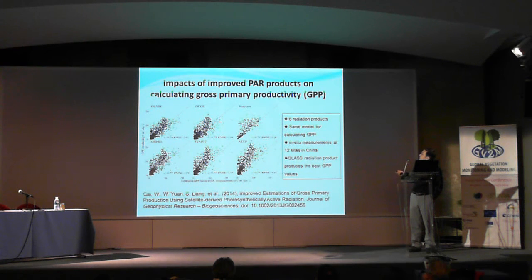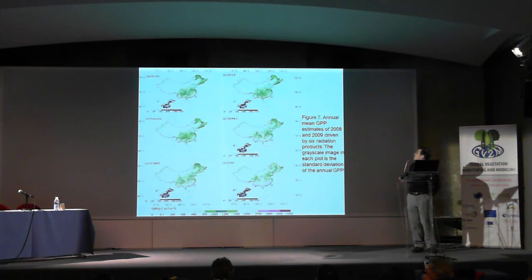This is the GLASS radiation, ISCCP, the Princeton dataset, and those 3 reanalysis datasets. And we use ground measurements to validate the outcome. It turns out the GLASS radiation product produces the best GPP values. So everything is the same except the solar radiation input from different sources.